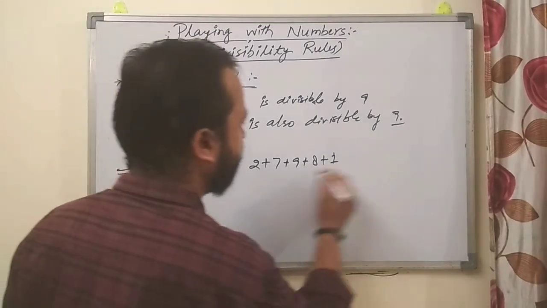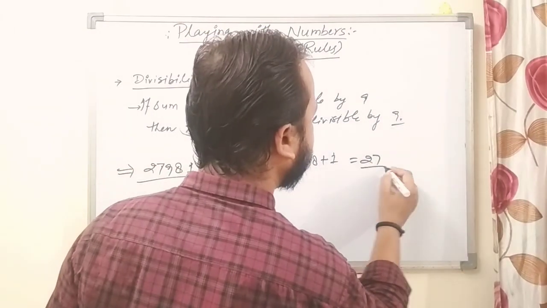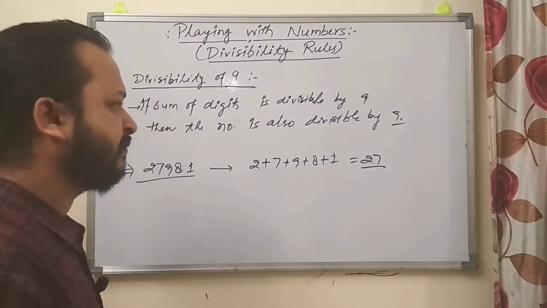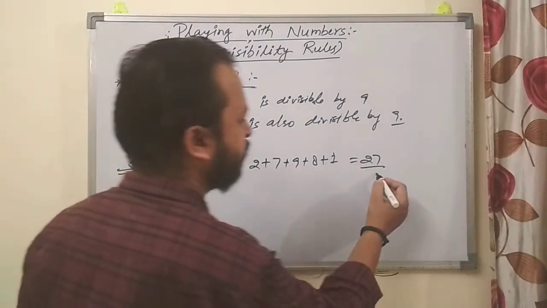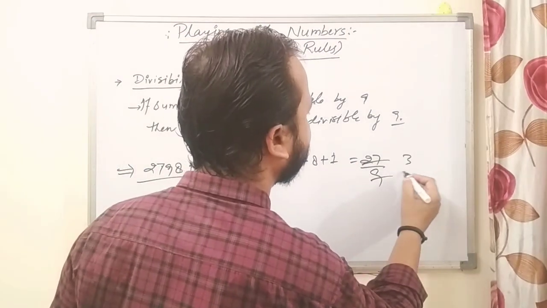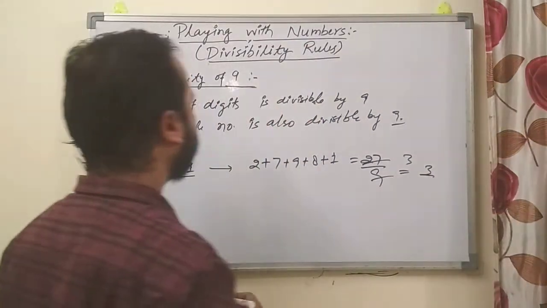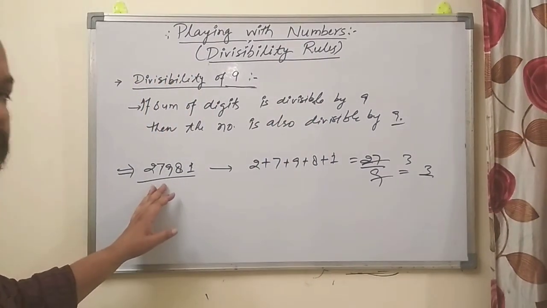So the sum of digits is 27. So 27 is divisible by 9. It means this particular number is also divisible by 9.